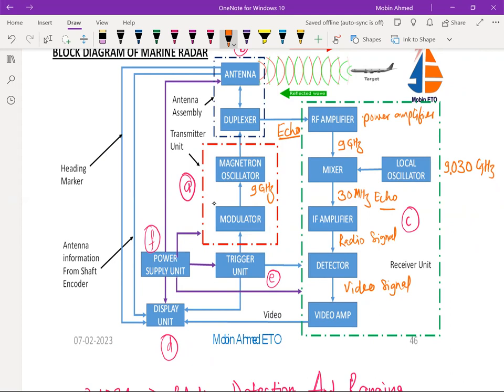This signal is amplified, given to the detector, and thereafter to the video amplifier, where the target picture is presented, where the antenna is facing in that direction. So that information is required and it is given to the display unit. There is also a heading marker, so we come to know in the display which direction the ship is moving. That is the heading marker that is required. Any doubt to anyone in this?